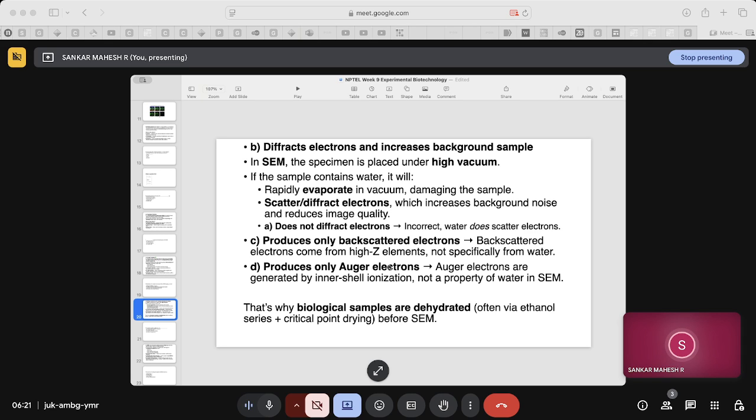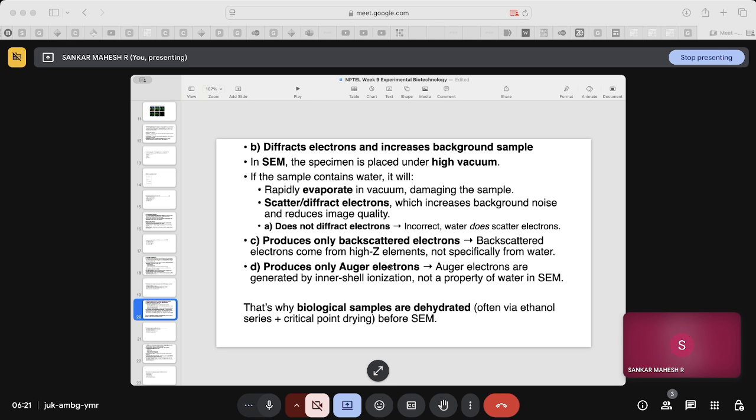Backscattered electrons are those which can differentially change the angle of your electrons, and for this you need elements with higher atomic number, whereas with water you cannot. And again, Auger electrons are generated by ionization of the inner shell. But with the kind of wavelength and the energy that we use with SEM, this is not possible.